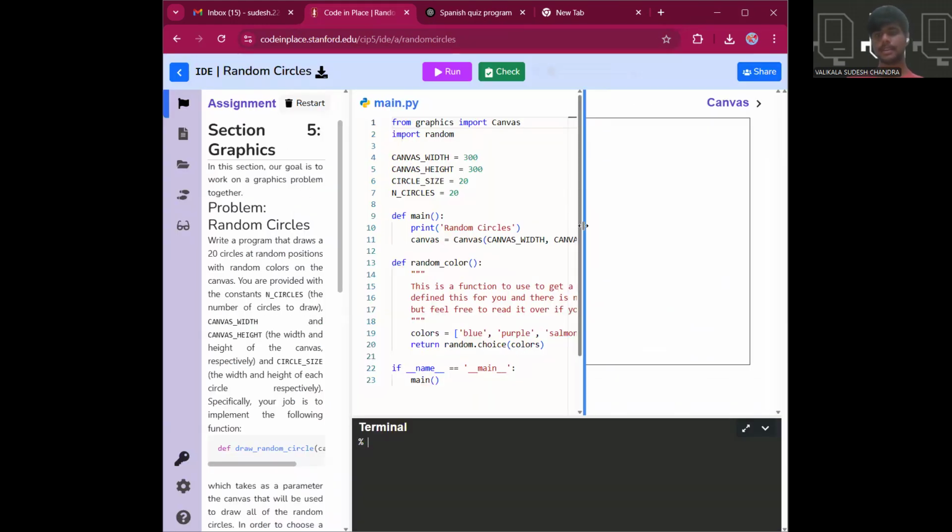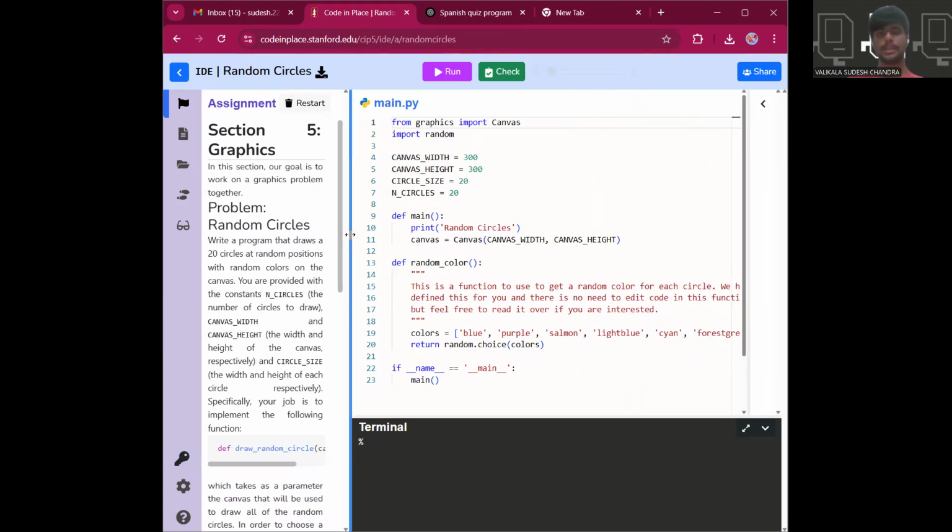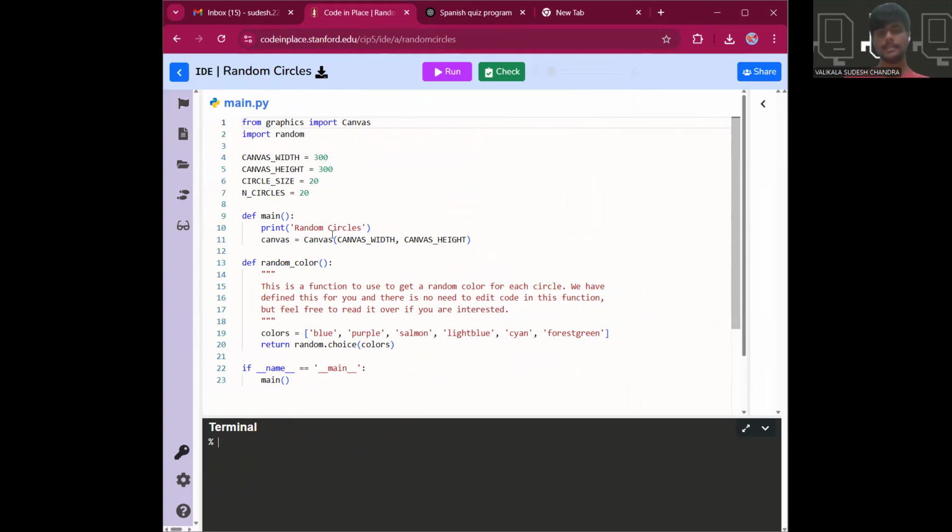Here we are. This is the initial setup that has been provided to us in the code in place platform IDE. The thing already provided is the graphics module, where we can utilize the canvas library, which allows us to create a canvas with a particular width and height.